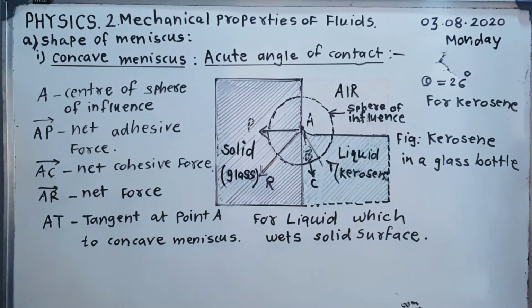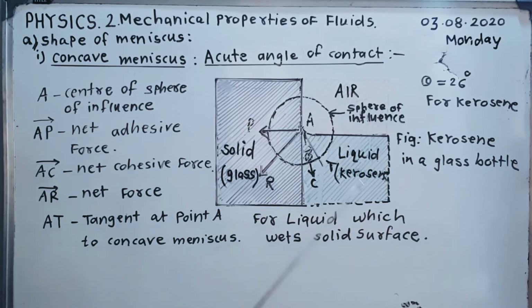The liquid near the surface of the wall should pull. It will pile up against the solid boundary. It will rise up as shown in the figure, so that the tangent AT at the point of contact to the liquid surface is perpendicular to AR.